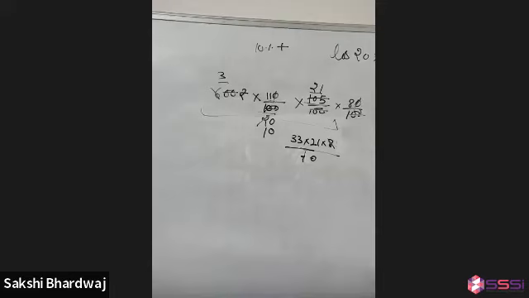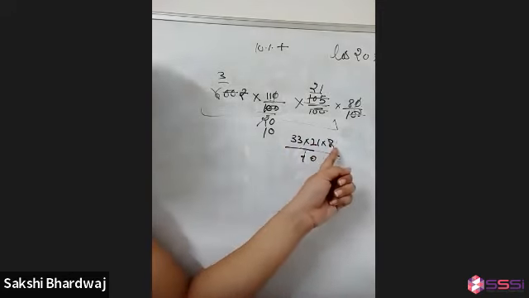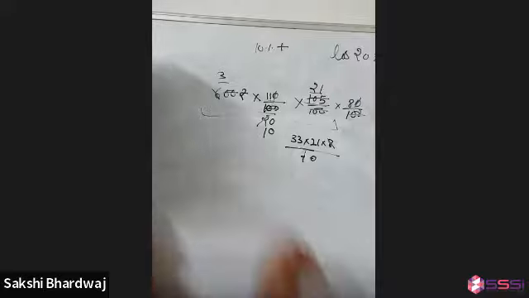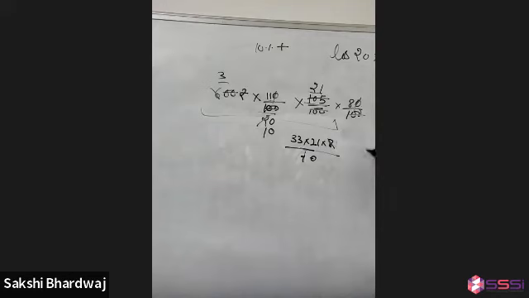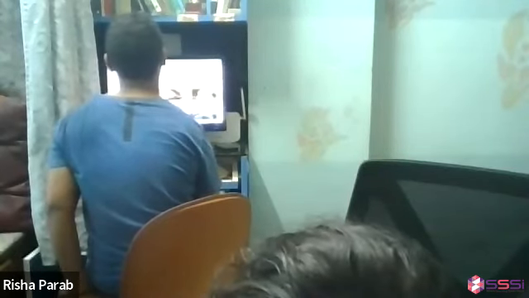Use the calculator. 33 multiply with 21 multiply with 8 divided by 10. It's coming 5544 on calculation. 5544 divided by 10, so 554.4. Clear? Yes. Check the calculation.